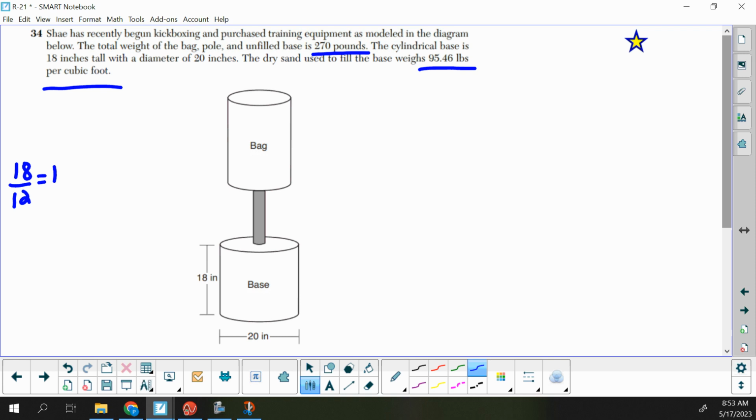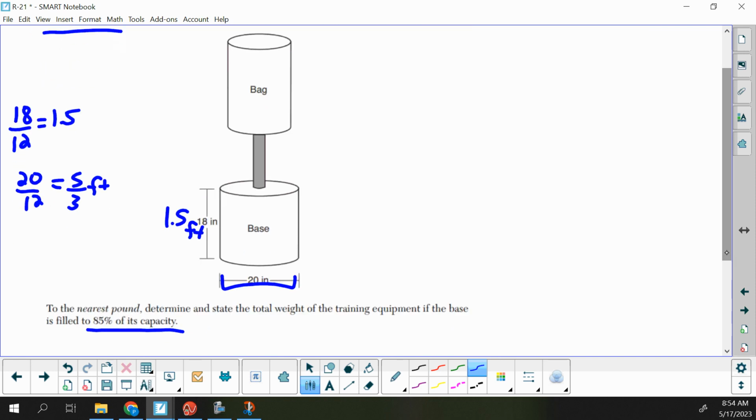We'll divide by 12, and we will get 1.5 feet for this one. 20 divided by 12 will give us 5/3 feet for the diameter. Now eventually we're going to need the radius, so if we do 5/3 divided by 2, that means our radius is going to be 5/6 feet.